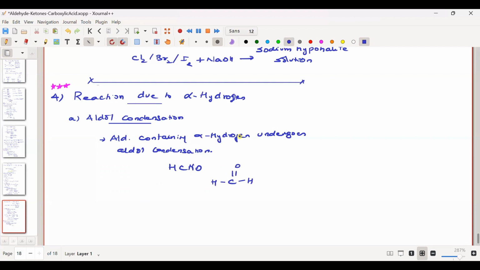Alpha hydrogen is there? The alpha carbon is the carbon attached to the functional group.